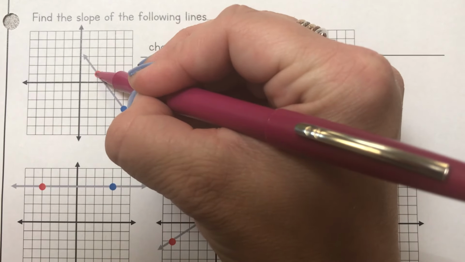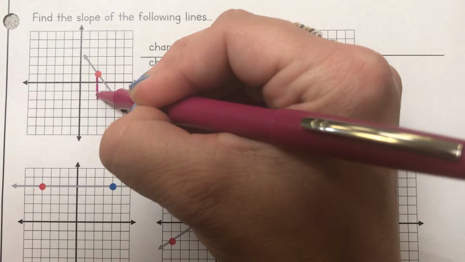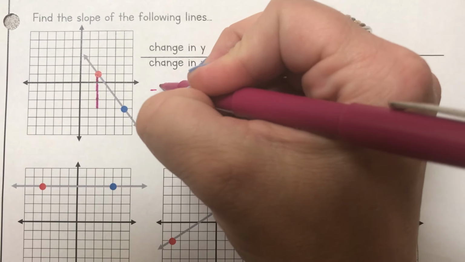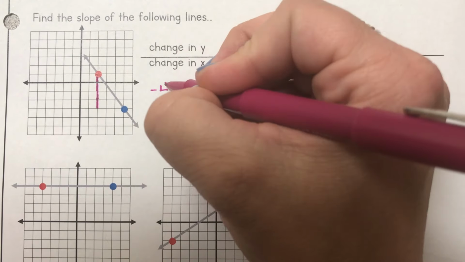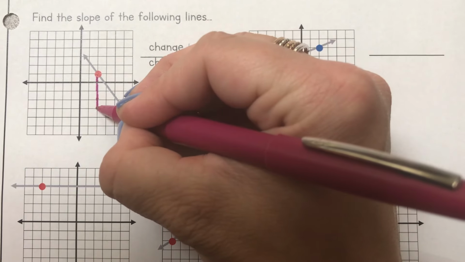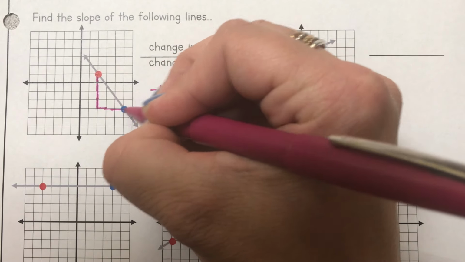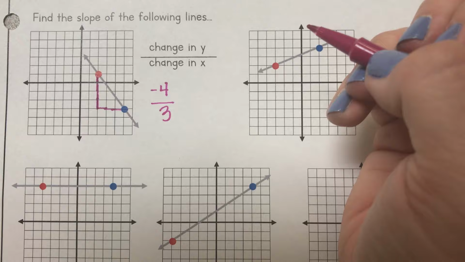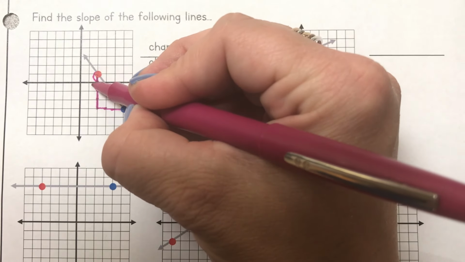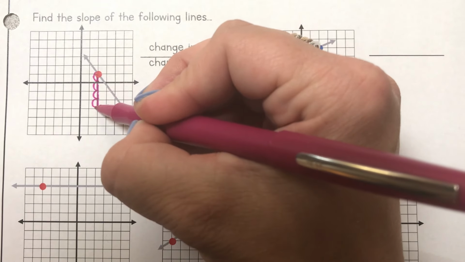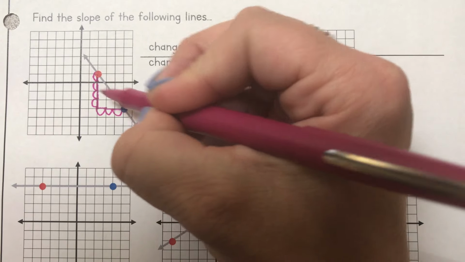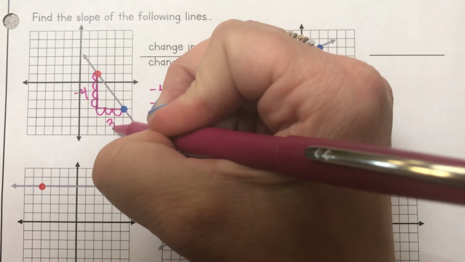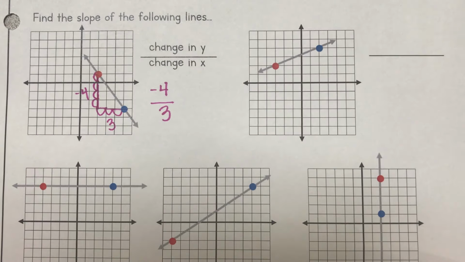So he's going to go down 1, 2, 3, 4. Down 4. And he's going over 1, 2, 3. So that's my slope. Down 4, over 3. So that would be your slope.